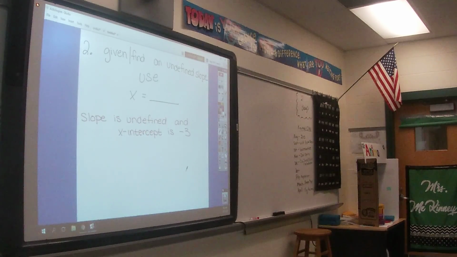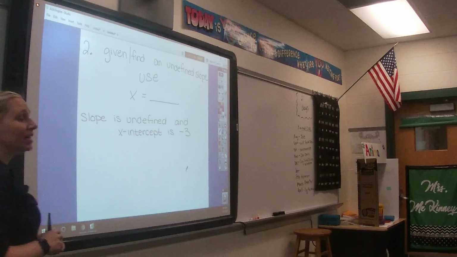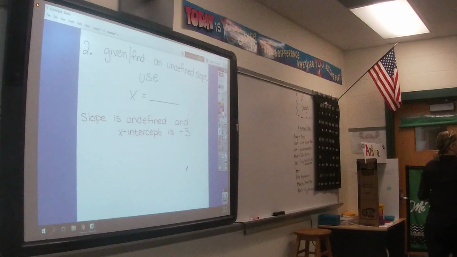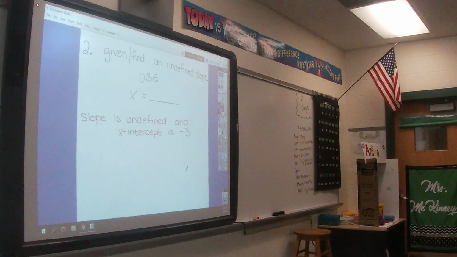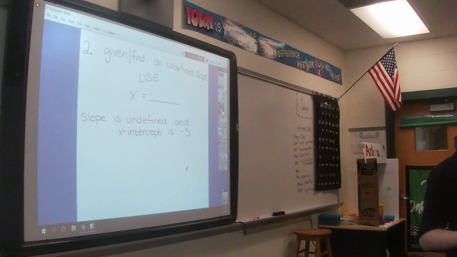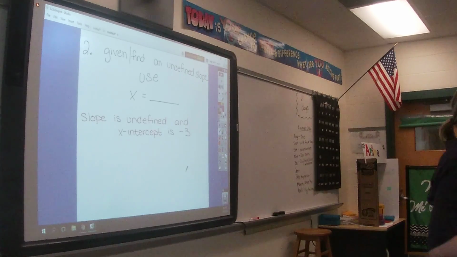So I'm writing this one out in words. I'm just presenting different formats of how you might read the info. Let's say the slope is undefined and the x-intercept is -3. As soon as we look at this, we should recognize that we are not given m and b. b is a y-intercept, and vertical lines don't cross the y-axis, they're crossing the x-axis.